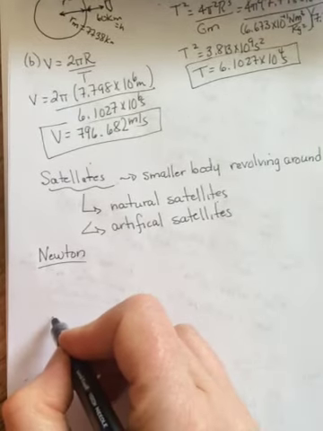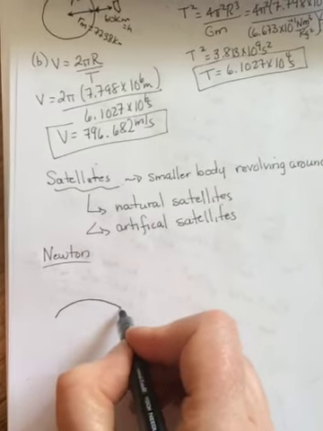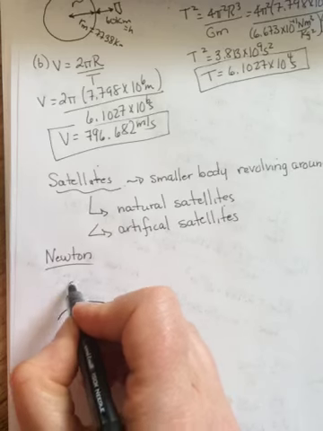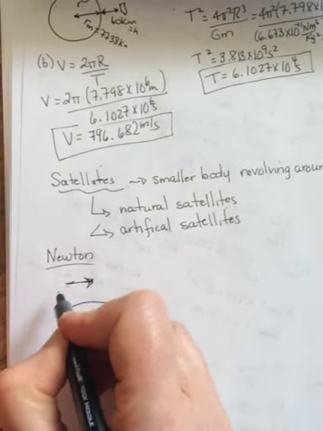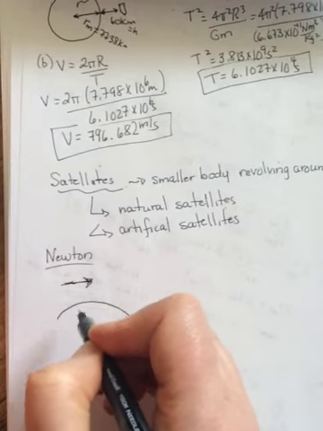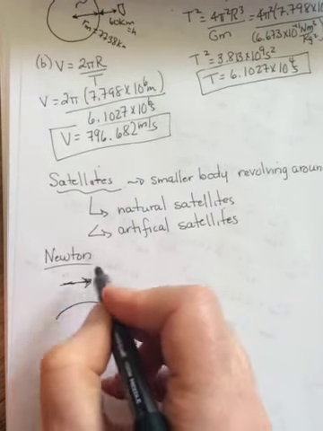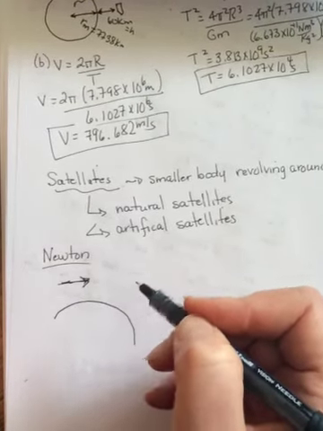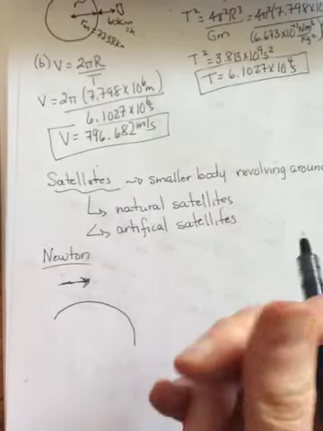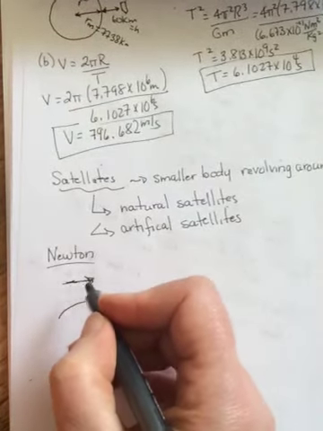But what he realized was that really all a satellite is a horizontal projectile. So he imagined that if you could be high enough above the surface of the Earth where there'd be no air resistance, so you have to be high enough up where there'd be no dense atmosphere with air molecules.